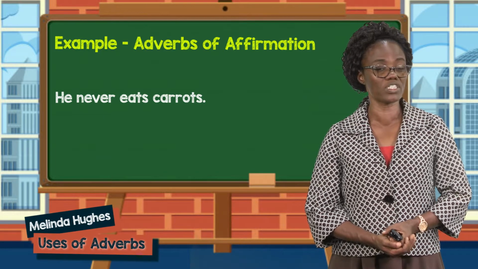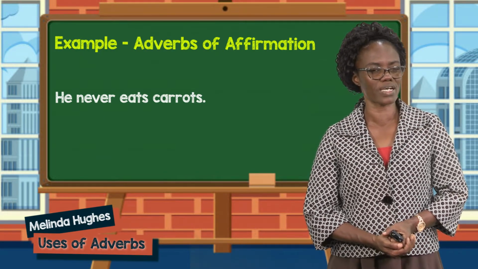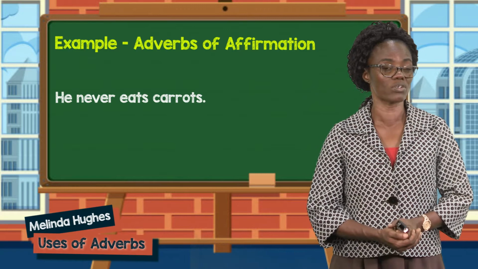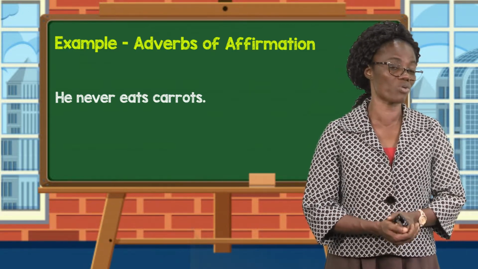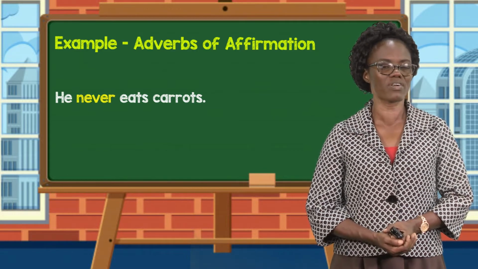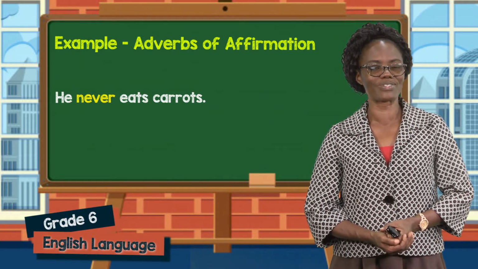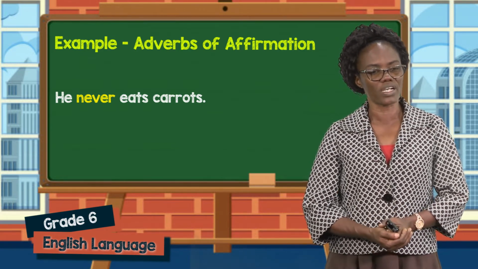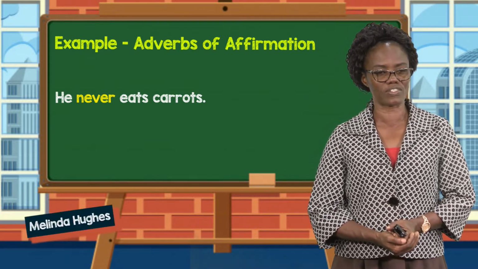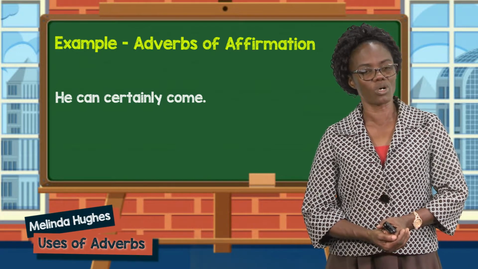So, he never eats carrots. That one is direct. You can understand what happens there with carrots and the boy or the man. He never eats carrots. So never there is modifying the verb eats.